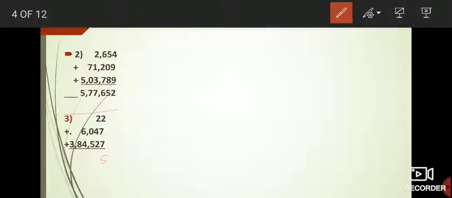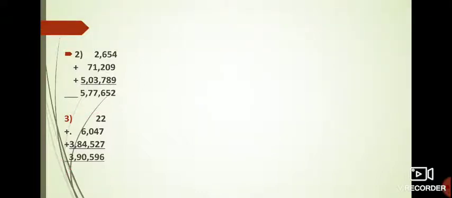Okay, now 5, 6, 7, 8 and 1 is 9. 5 plus 0, 5, correct. 6 plus 0, 6 plus 4 is 10. 1 carried over. 8 plus 1 is 9 and this 3 as it is. So answer is 3,90,596 students. See, 3,90,596 is the answer.